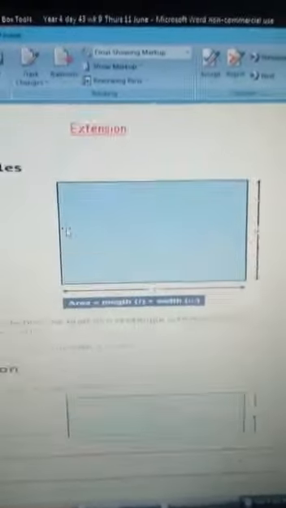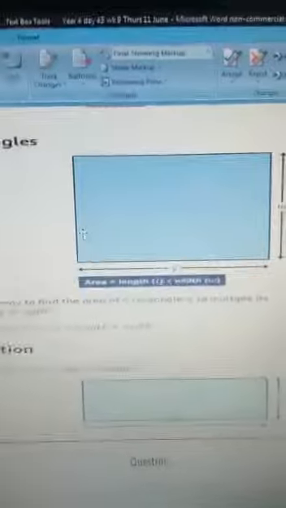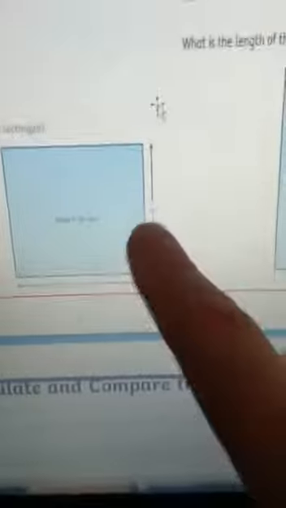And then you've got an extension about rectangles and some questions. Now for these ones, it gives you the area, 20 square centimeters, and only one side, 5. What is the other side? So you can do the inverse.